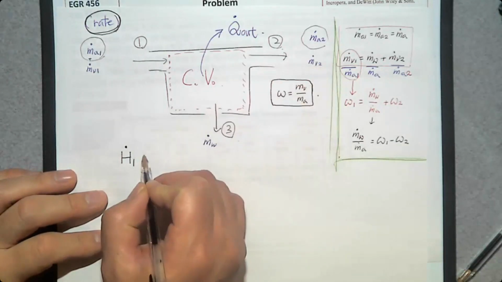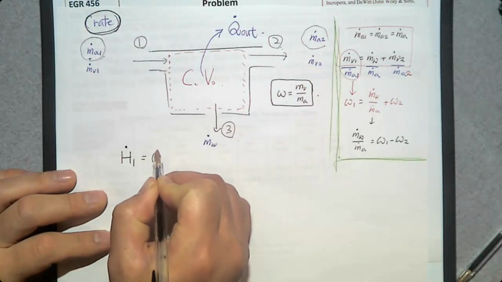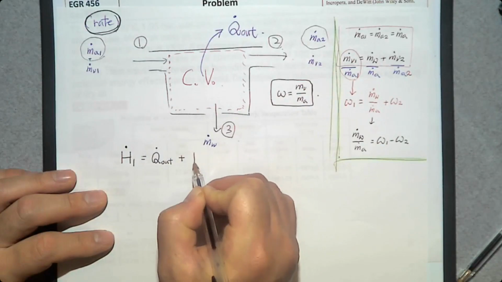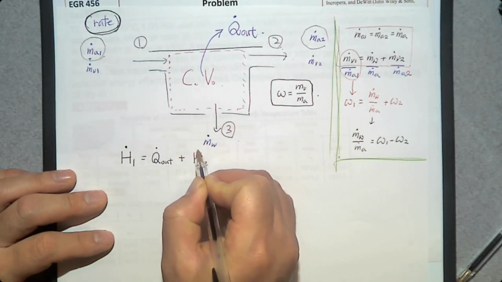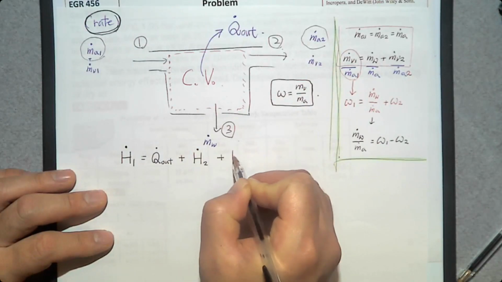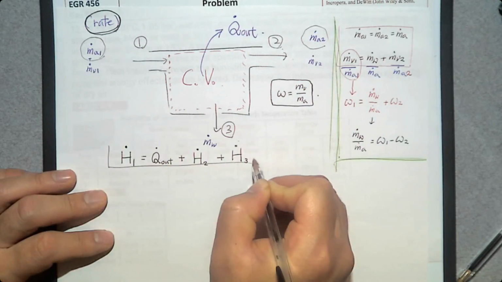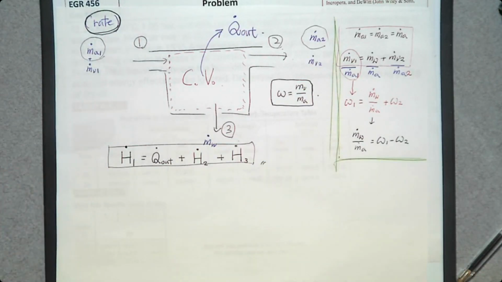The first one is Q dot out, and number 2, the total enthalpy at number 2 per unit time plus the total enthalpy at number 3 per unit time. So this is the energy balance equation that we can use for this dehumidifier problem.